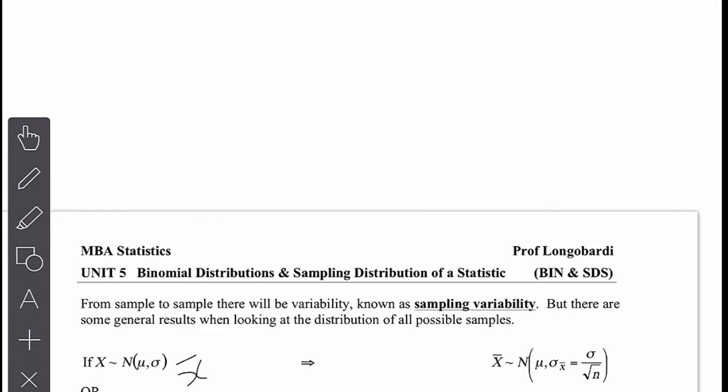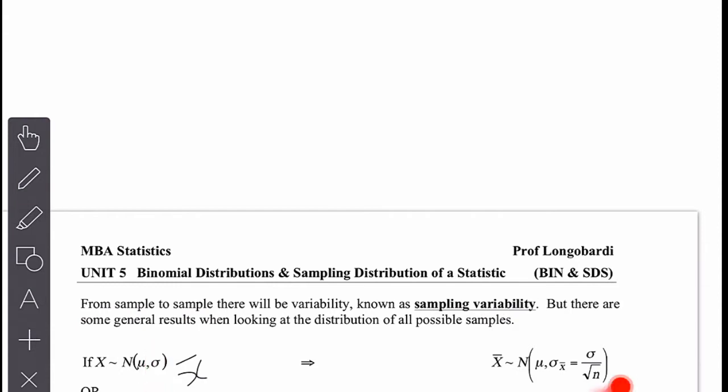This is how precise the normal distribution is: the sample means have a distribution whose standard deviation is a factor smaller than the original standard deviation.